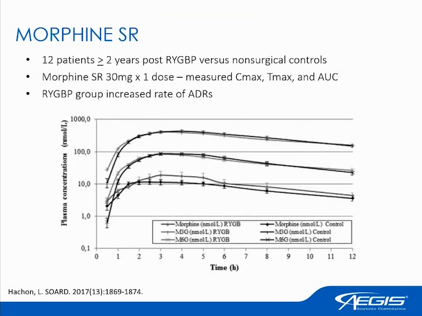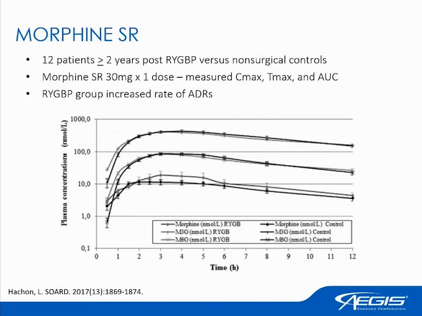Looking at morphine sustained release, there were 12 patients that were greater than 2 years post-op, so kind of out of the window of your most impactful pharmacokinetic issues, but this was gastric bypass surgery, and then they paired them with non-surgical controls.